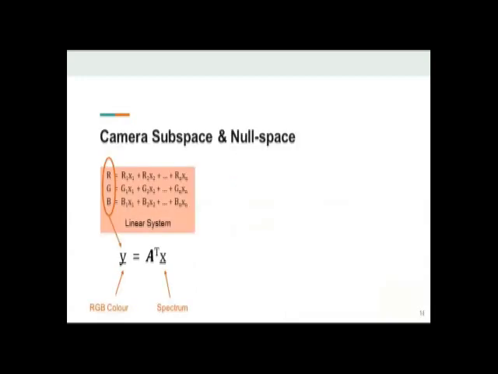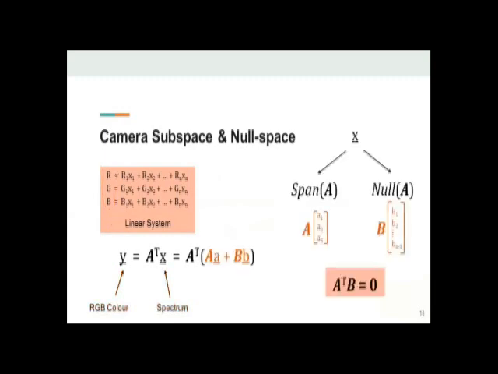Sorry about the math. Here, we can represent the linear system as y equals A transpose x, where x is the spectrum and y is the color. With respect to this coefficient matrix A, we can split the spectrum into two components, one spanned by the column space of A, the other part lying in the null space of A, here denoted as B. What we need to know is that these A and B components are orthogonal.